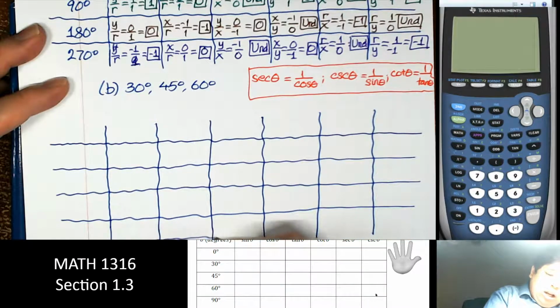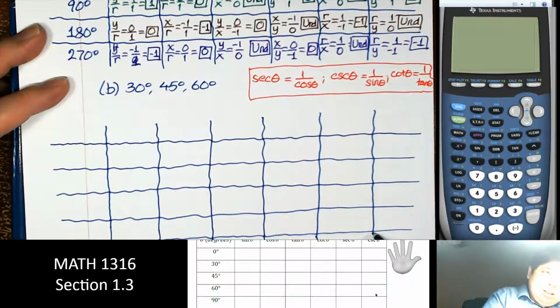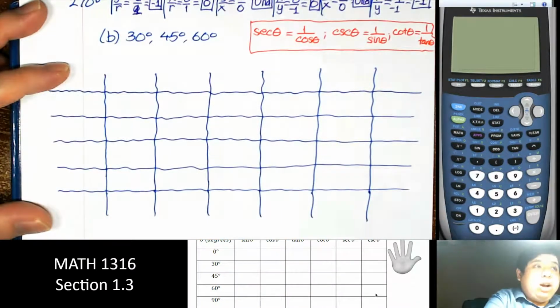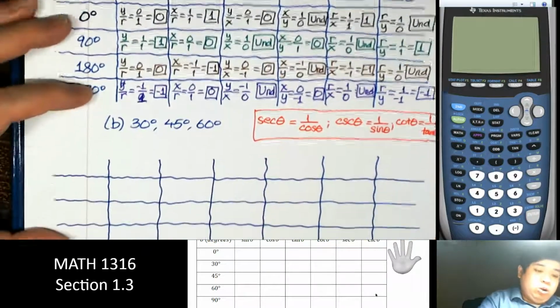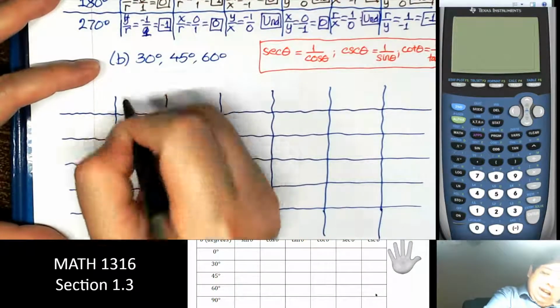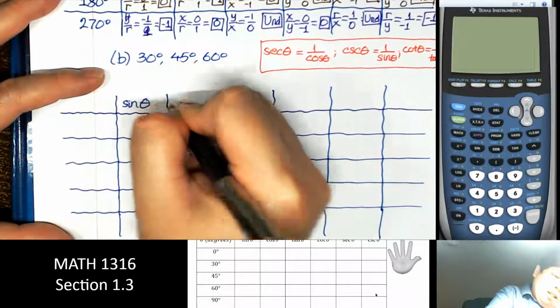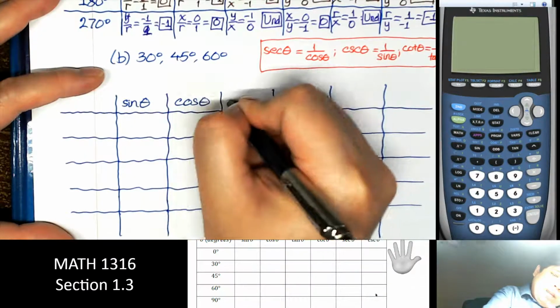And this time we're going to include the 0 and 90 degree in it too. Even though we already did the 0 and 90 degrees, I'm going to do that again. Now we only focus on the sine, cosine, and then tangent.